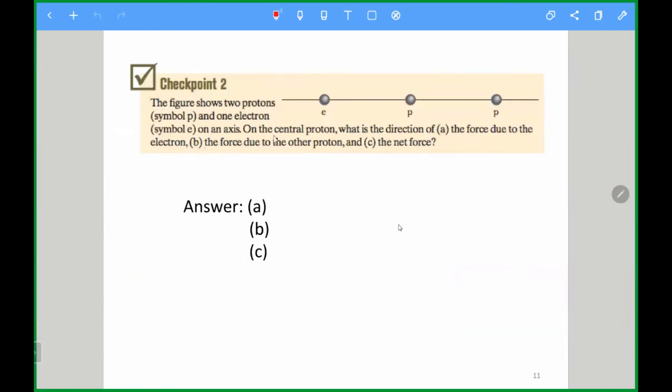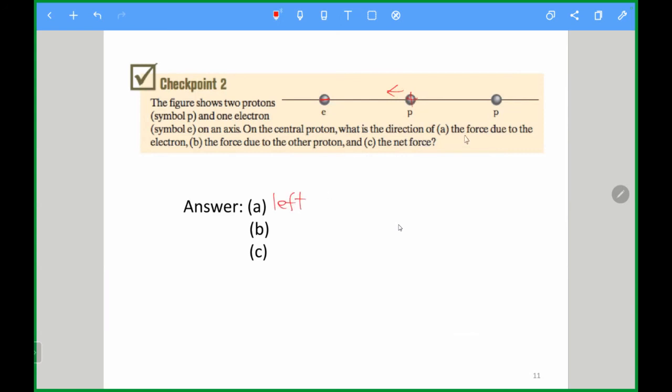On the central proton, what is the direction of the force due to the electron? So this is a negative charge, and this is a positive charge. So these two will attract each other. So in that case, it points to the left side.